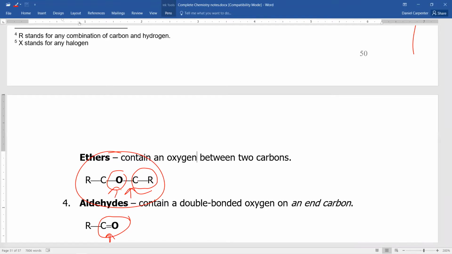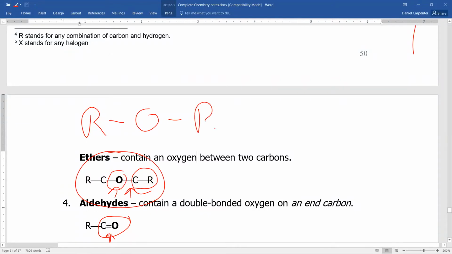And actually, this C right here could be counted as part of the R. You could write this R, O, R. So basically, you could have an O and a C and another C and H's coming off of those, and then a C and another C and H's coming off of those. And so this whole thing together would be an ether.